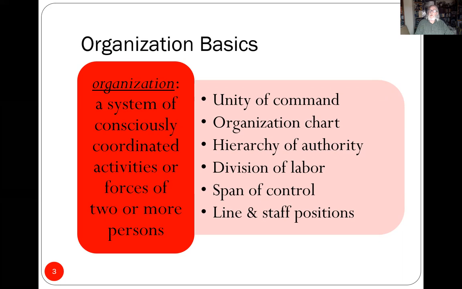As well, we use organizational charts. These are simply boxes with lines connecting them to show descending relationships, what is connected to what in terms of departments. There are very clear lines that you can follow, and it helps you make sense of an organization. It's very similar with hierarchy of authority.